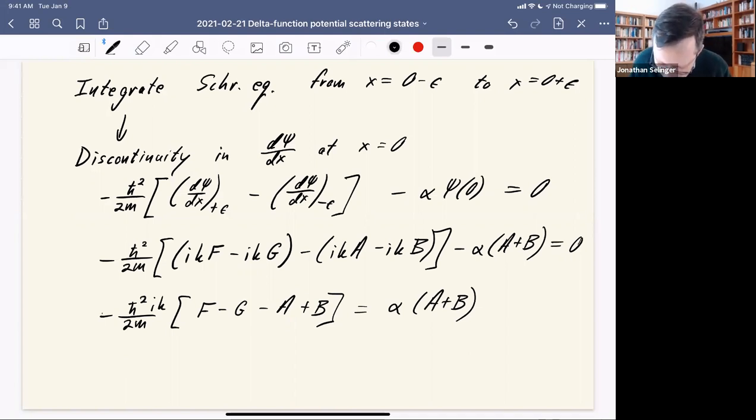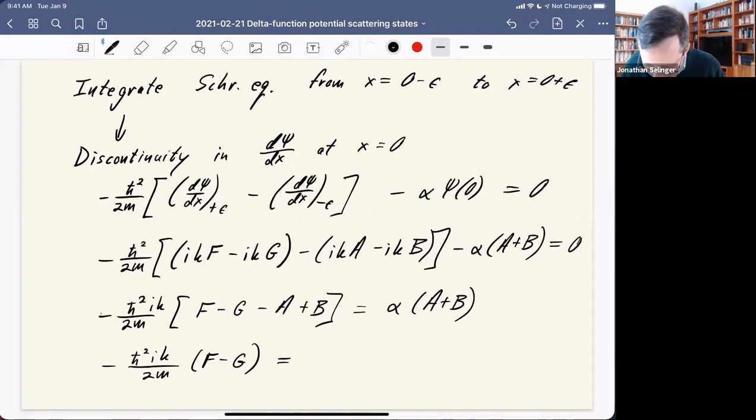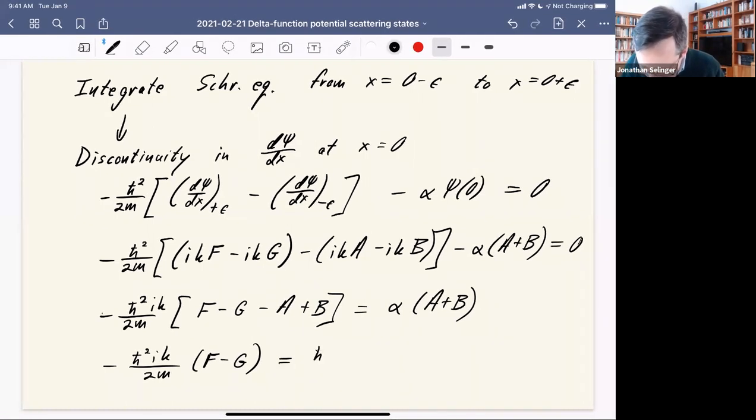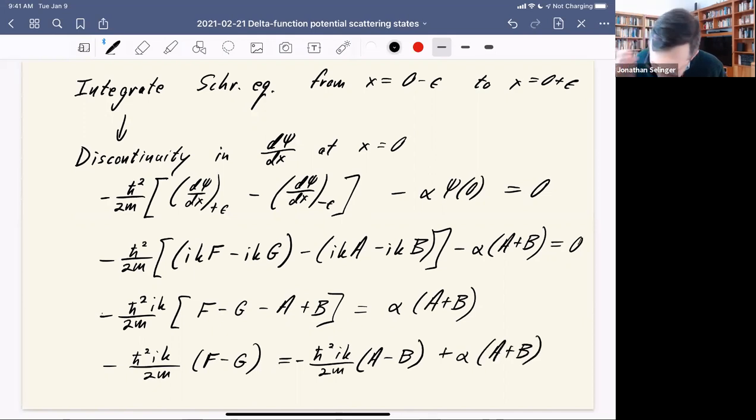So negative ħ² ik over 2m times F minus G is equal to negative ħ² ik over 2m times A minus B plus alpha times A plus B.